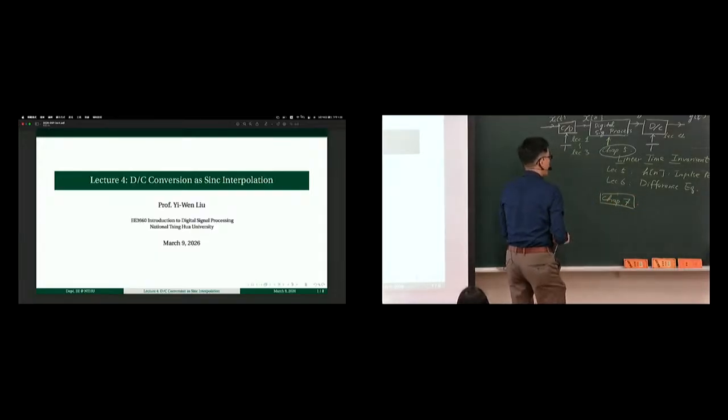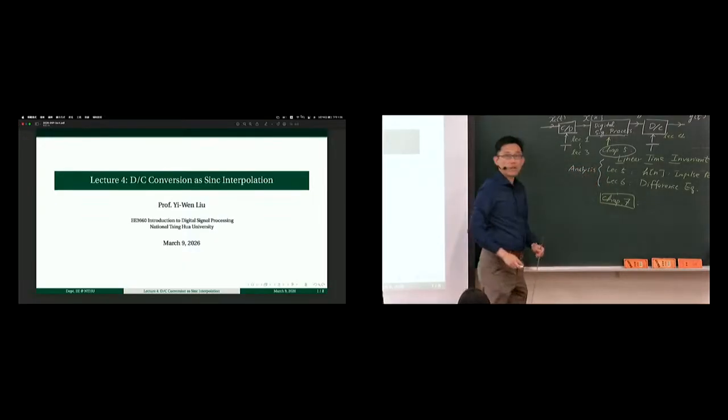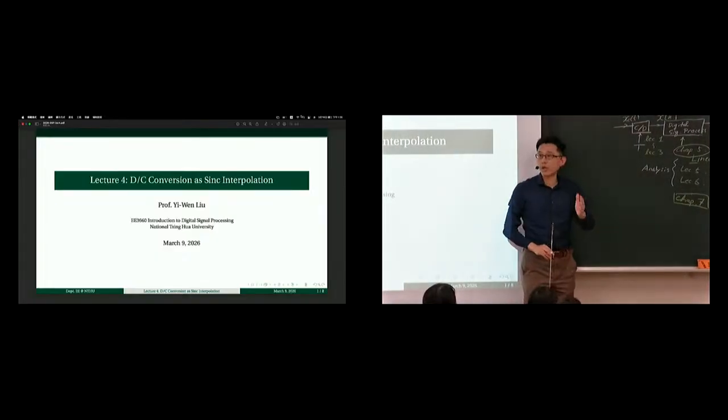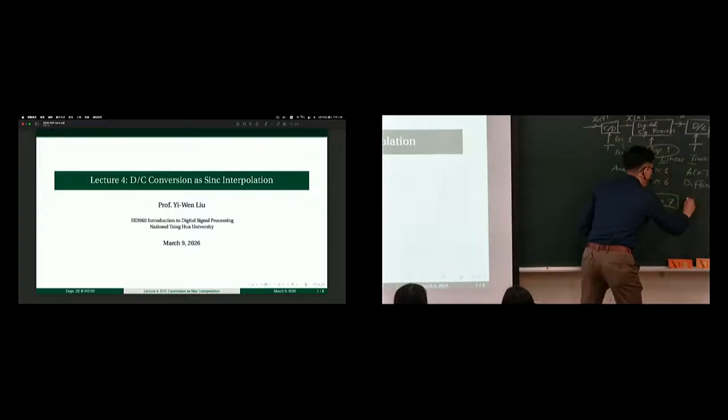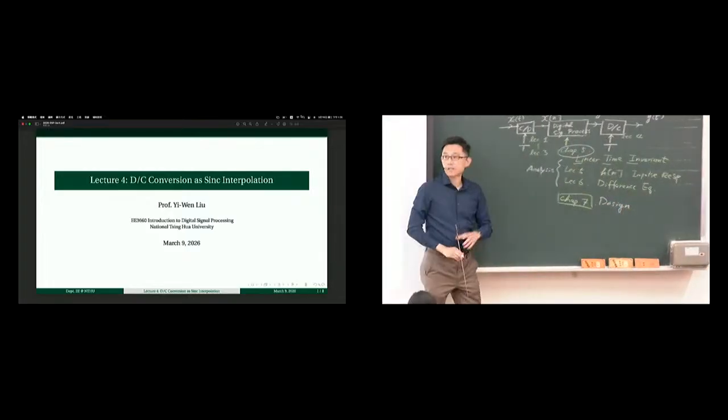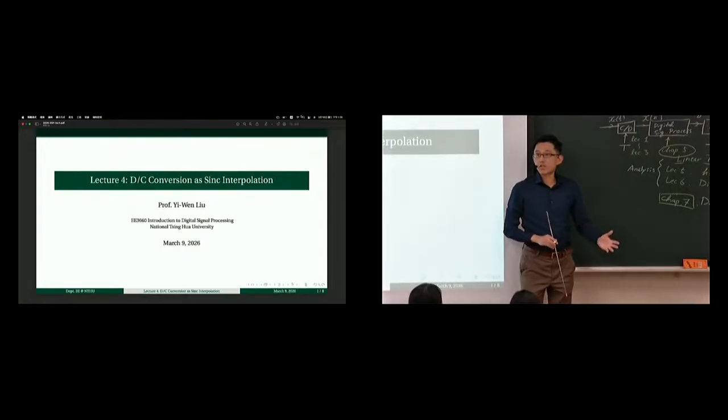So all of chapter 5 is about analysis. Given a system, you can analyze its behavior, its response, and how that system processes your signals. That's analysis. But design requires a different mindset. We say design a system.